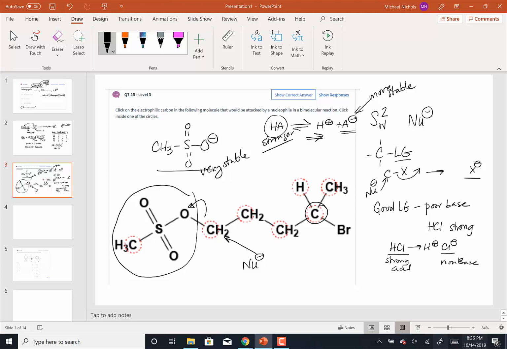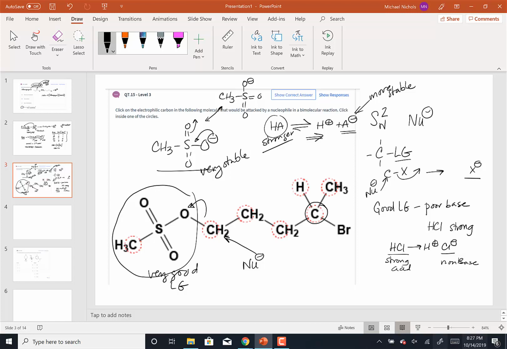So just to show you one example, if we took this pair of electrons, moves it to the sulfur, we could move that pair of electrons out to the oxygen, and so that would be one of 3 total possible resonance structures for that ion. So this is a very good leaving group.